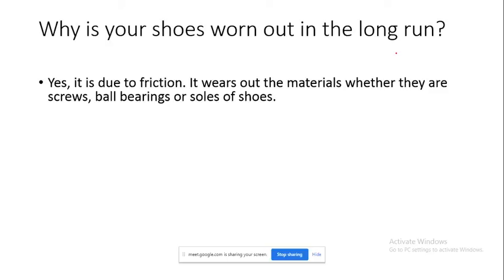Now in the case of your shoe sole, tell me if friction is a good thing or a bad thing. Bad thing, ma'am. Okay, bad thing? Sudhir, what about Nandu, Kusuma, Ramya, Varun?